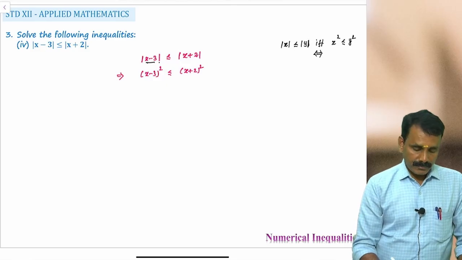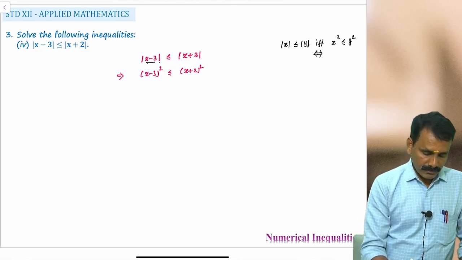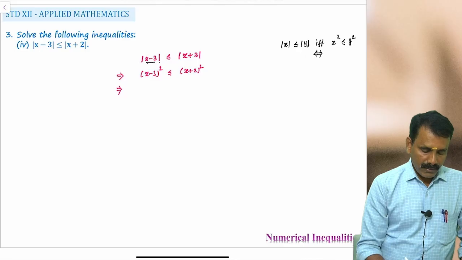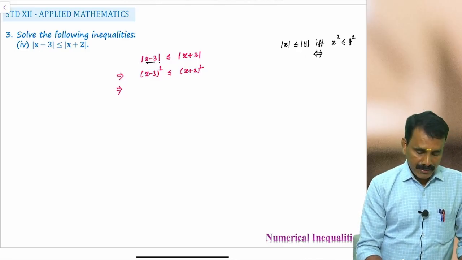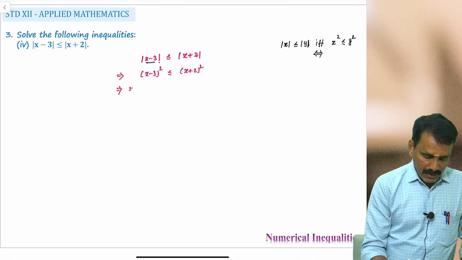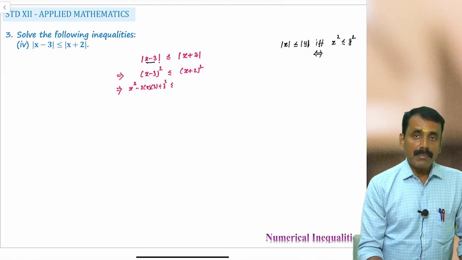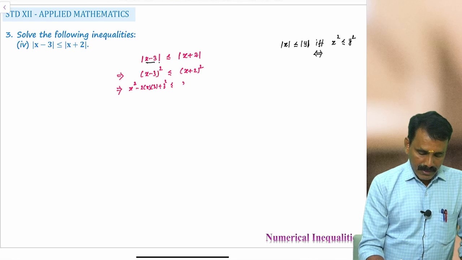Which implies we apply the formula for this identity. So we get x square minus 2 into x into 3 plus 3 square less than or equal to, this is a plus b whole square, so x square plus 2 into x into 2 plus 2 square.